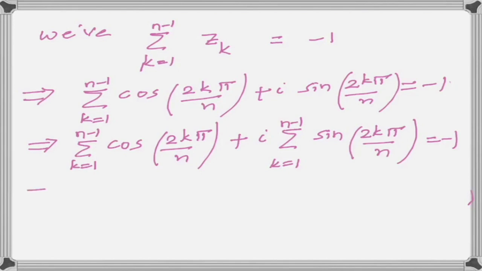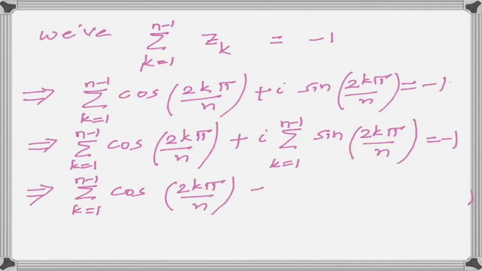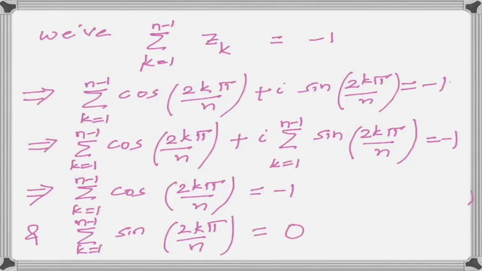This in turn implies that summation k goes from 1 to n minus 1 cos 2k pi by n is equal to minus 1 and summation k goes from 1 to n minus 1 sin 2k pi by n is equal to 0. This proves the remark.